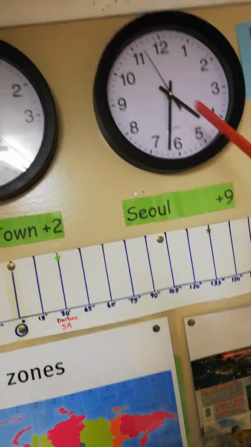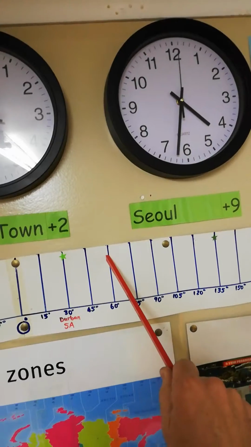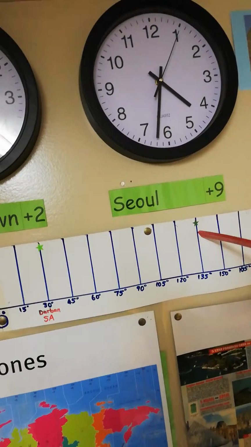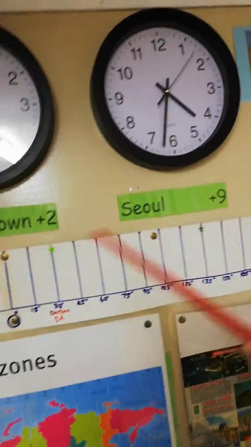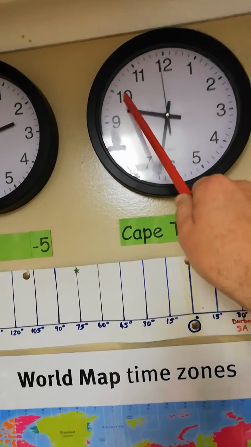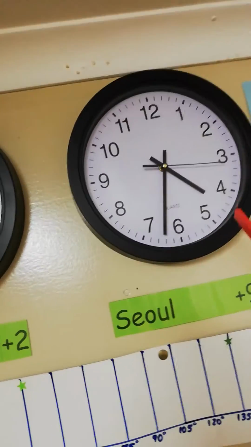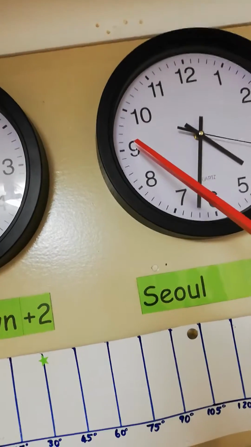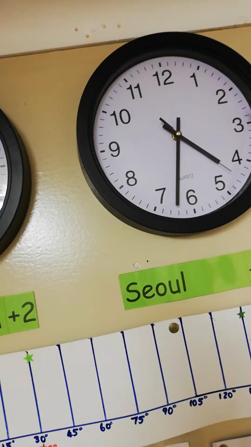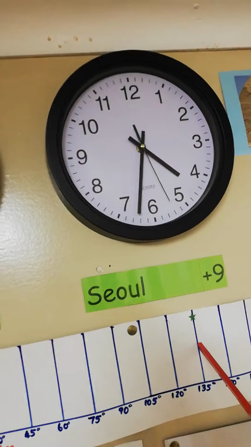I picked Seoul, which is at this +9, so it's, in other words, 1, 2, 3, 4, 5, 6, 7 hours ahead of us. Now it's just after 9:30 in South Africa at the moment while I'm doing this recording, which means 10:30, 11, 12, 13, 14, 15, 16, 7 hours later in Seoul.